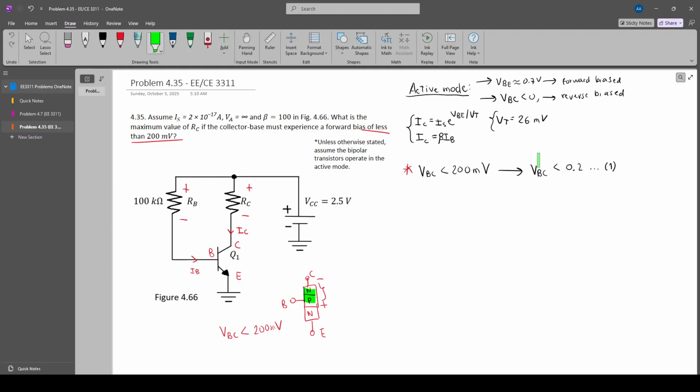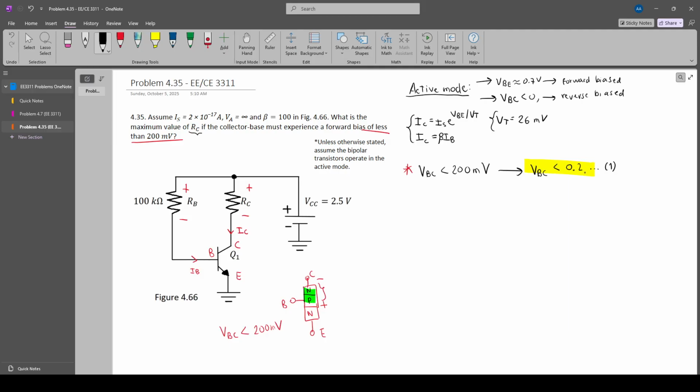Okay, so let's call this equation 1. We will use that later. How can we keep approaching this? What we have to do now is find a resistor R_C, right?